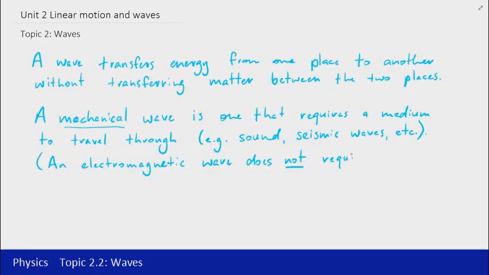You might think, well, hang on, how can a wave travel if it doesn't have something to travel through, which is where electromagnetic waves become important. Because they don't require a medium, that means that they can travel through a vacuum.